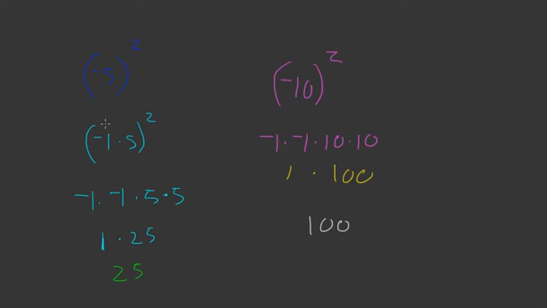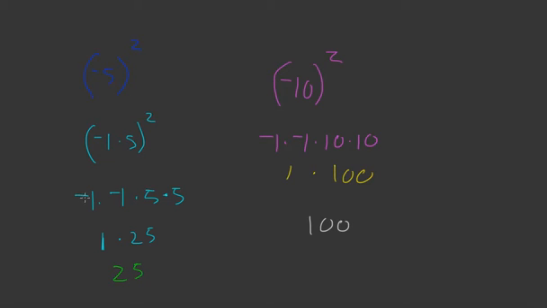When you have a negative integer and you use an exponent to multiply it by itself, however many times that exponent is, you are only going to be multiplying that number if it's outside of parentheses, and you're going to leave the negative 1 by itself.